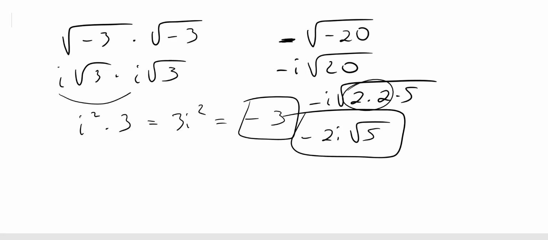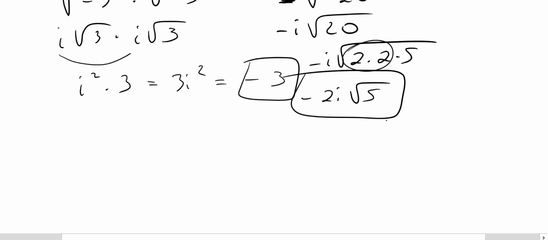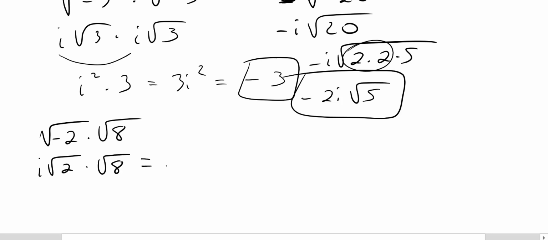Okay, well, what happens if just one of them is negative? So square root of negative 2 times square root of 8. Well, that 8 is great, but that negative 2, you can't do it. So I'm going to pull an i out. And guys, when you're multiplying radicals together, you just put them together. So it's i times the square root of 2 times 8, or 16.